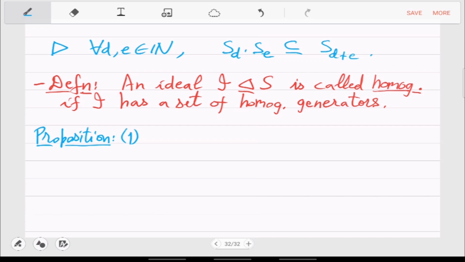So an ideal I is homogeneous if and only if I follows the grading, by which I mean this.